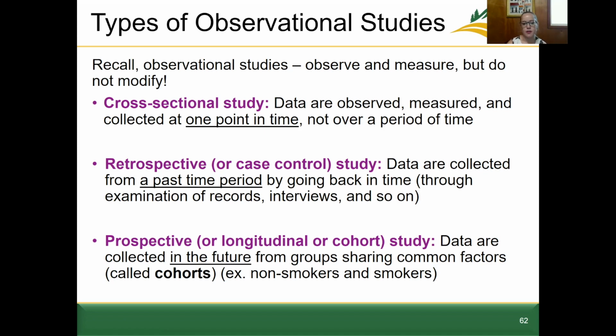There's also prospective or longitudinal or cohort studies. This is when data are collected in the future from groups sharing common factors, and these groups can be called cohorts. For example, we might have a statistician that separates their subjects into non-smokers and smokers, and then they see what happens maybe 3 months down the road as far as lung disease, for example.